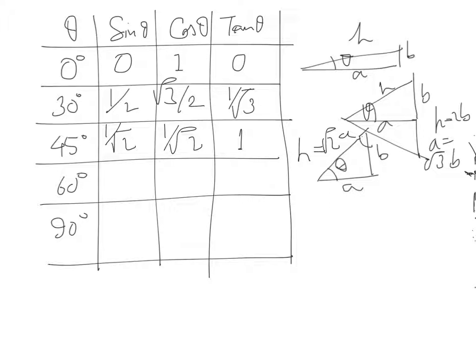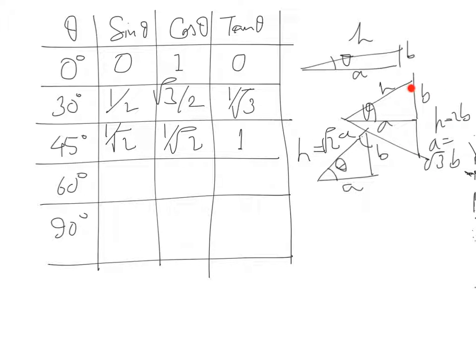and tan 45 degrees is b by a, which is 1. Now to represent 60 degrees in a right triangle, consider this triangle that we had drawn with theta as 30 degrees here. Now if you look at this other non-right angle opposite to theta, this one out here, it is 60 degrees, 90 minus 30.